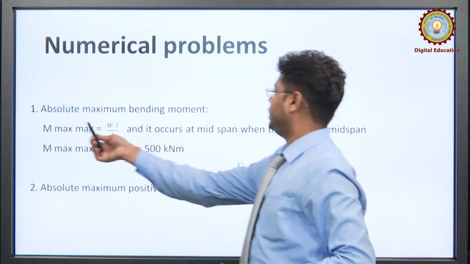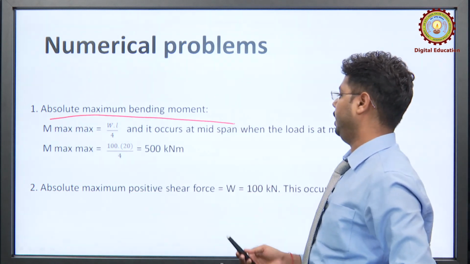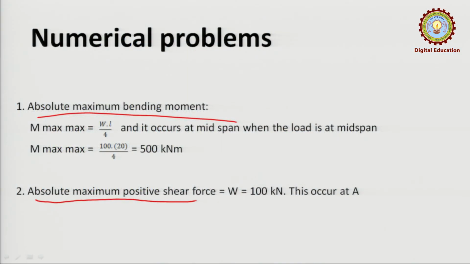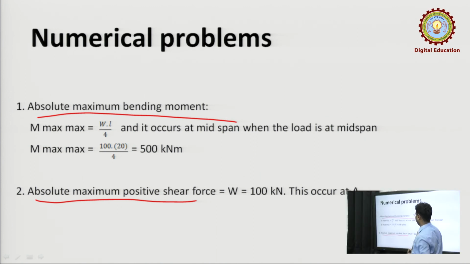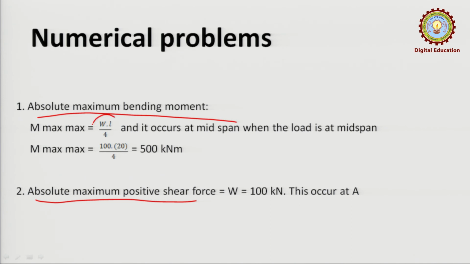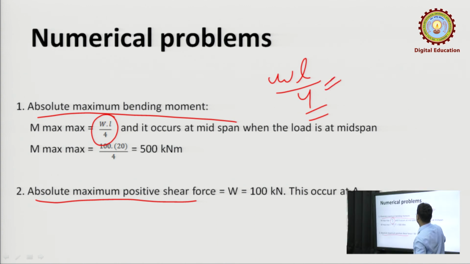Now the new terms are absolute maximum bending moment and absolute maximum positive shear force. How can we calculate that? The absolute maximum positive bending moment is WL by 4. This is the formula, and we just put in the values.